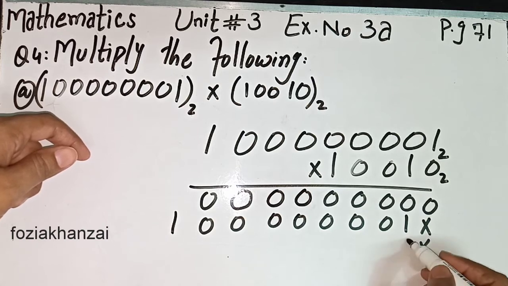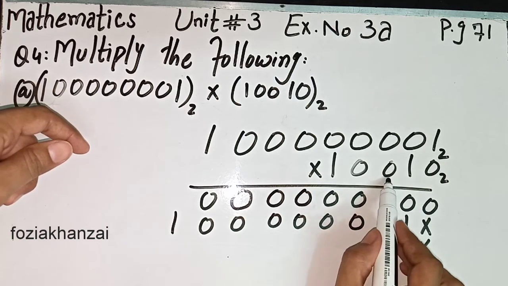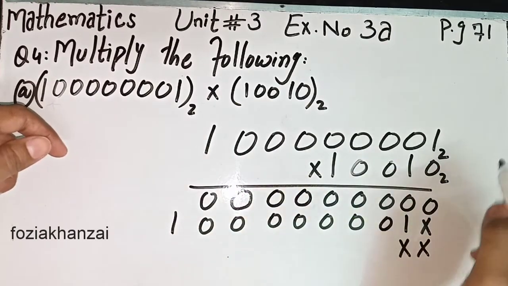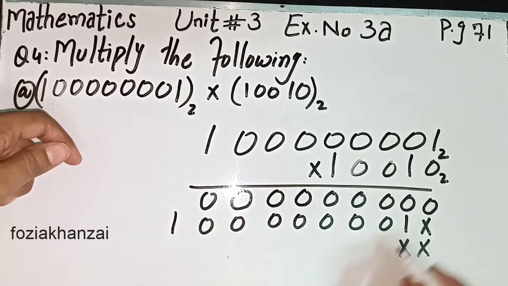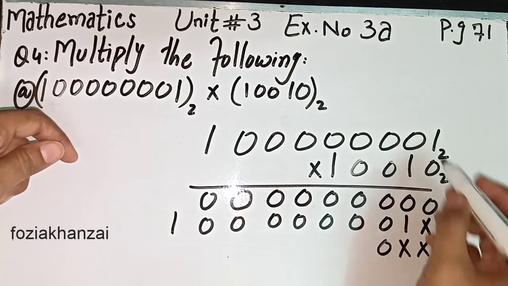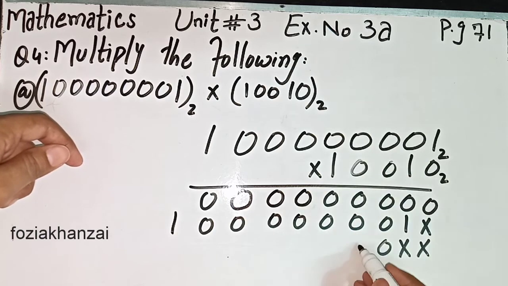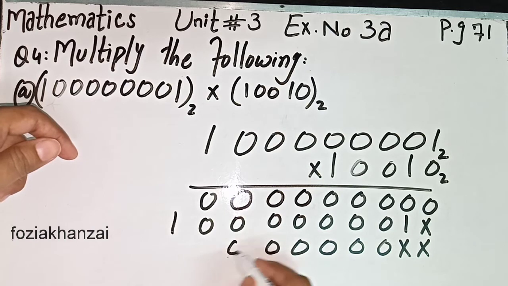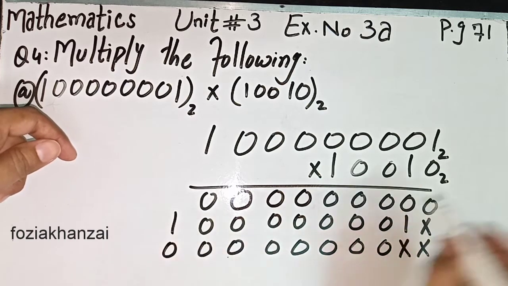Now we start third step. This 0 multiplied by the whole value of the first number. 0 1s are 0, 0 0s are 0, 0 0s are 0, 0 0s are 0, 0 0s are 0.